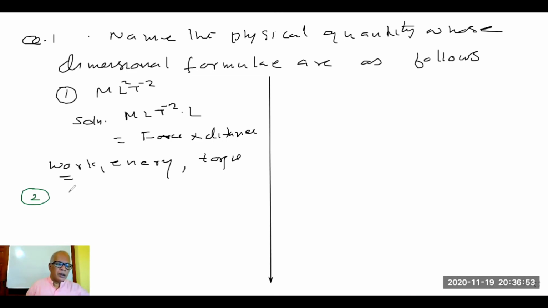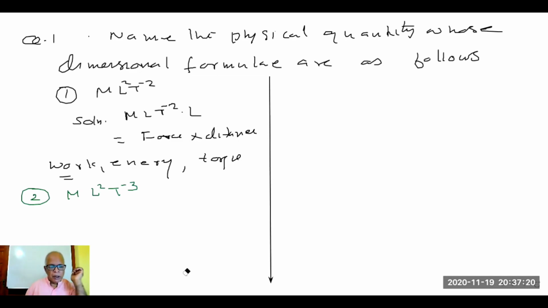ML square T minus 3. This also, take it with respect to force. Always the reference is force. One reference dimension you can take is force.